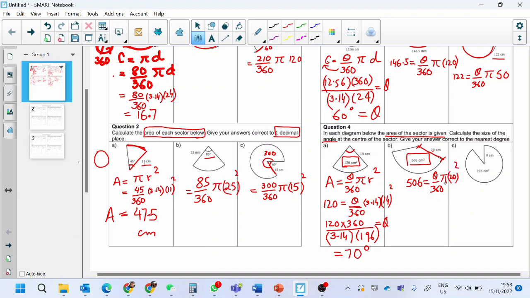So now in this one, you move everything other than theta to the other side of the equation, and you can find the angle. And here as well, the same: we have been given the area, and the radius has been given here, so we can just put this formula and solve this question.